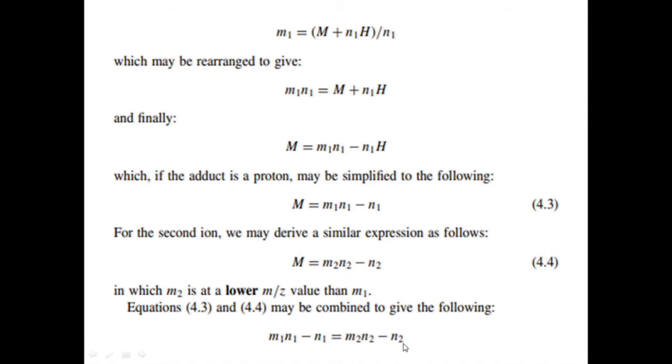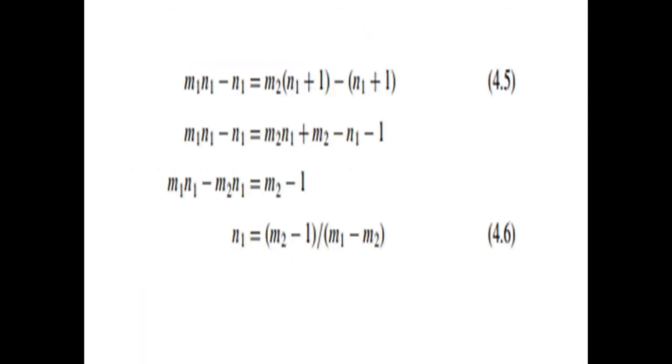By combining these equations, therefore m1 n1 minus n1 is equal to m2 into (n1 plus 1) minus n1 plus 1. This is equation 4.5. If you solve this, m1 n1 minus n1 is equal to m2 n1 plus m2 minus n1 minus 1.